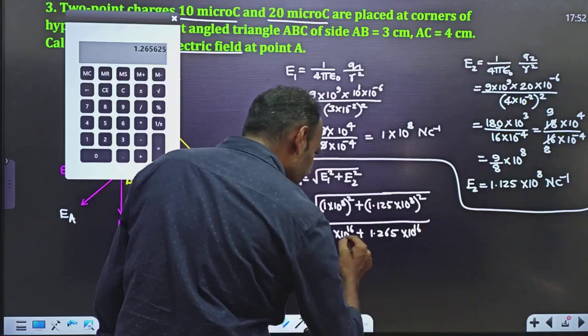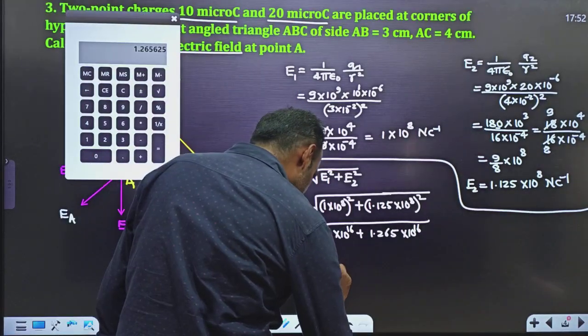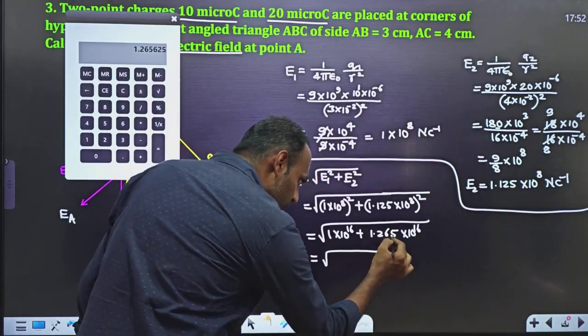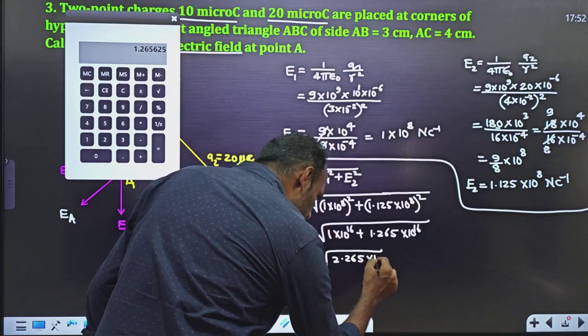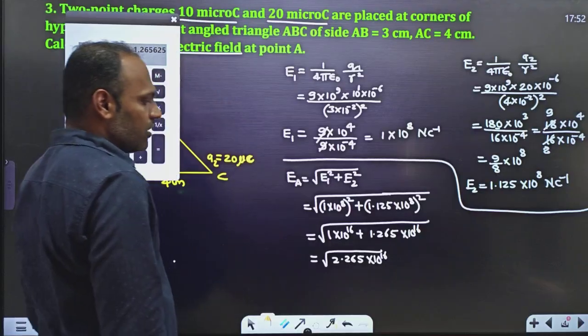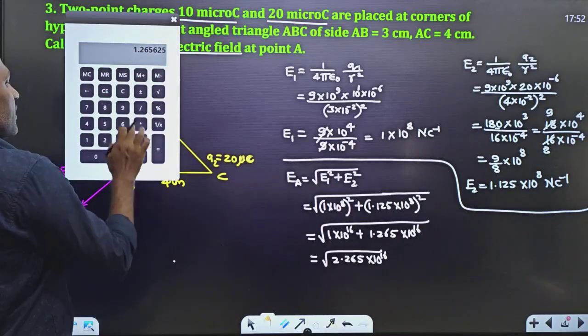Correct? If I take 10 raised to 16 common, I will get 1 plus 1.265, that is 2.265, into 10 to the power 16 common. Correct? So root of 2.265, right?